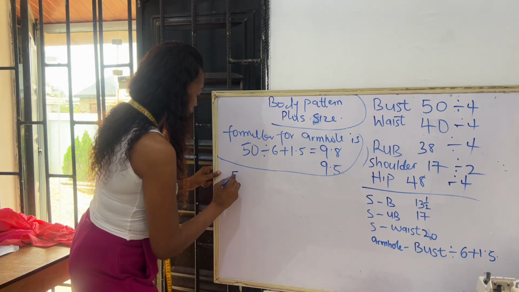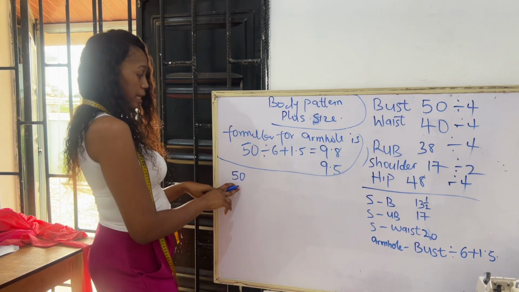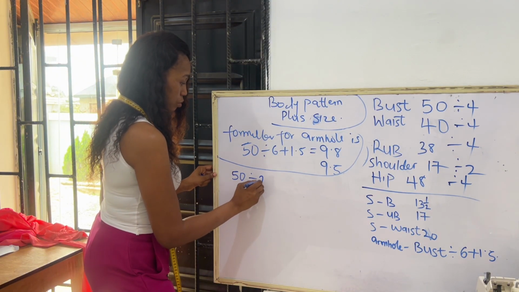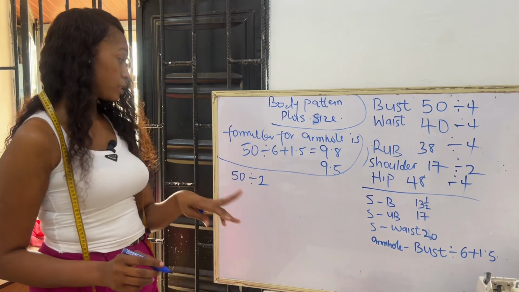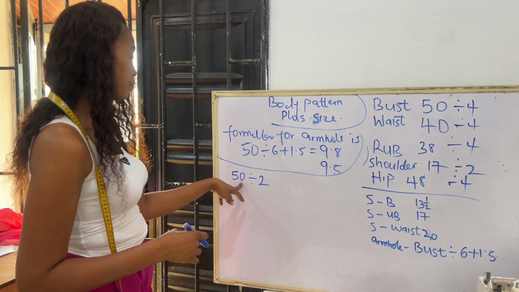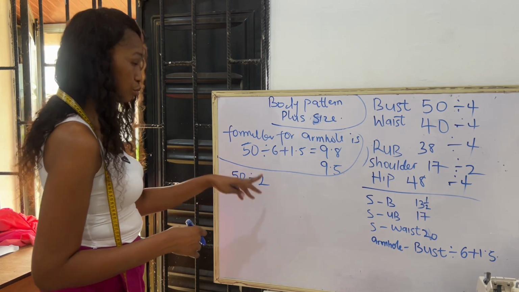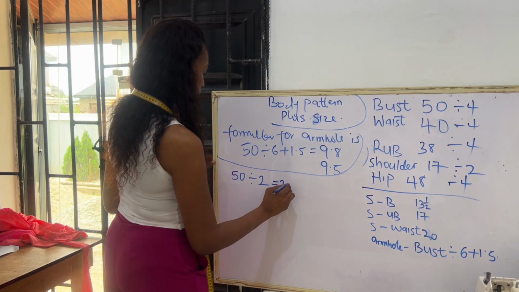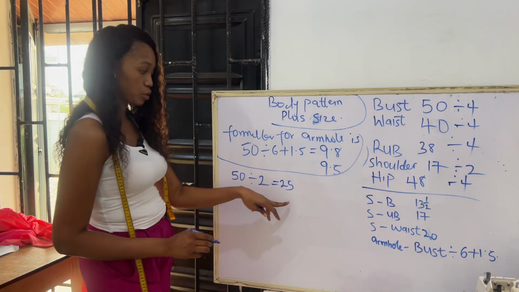When you have bust 50 like this, for the front pattern, you divide your bust 50 divided by 2. Do you understand? It equals 25.